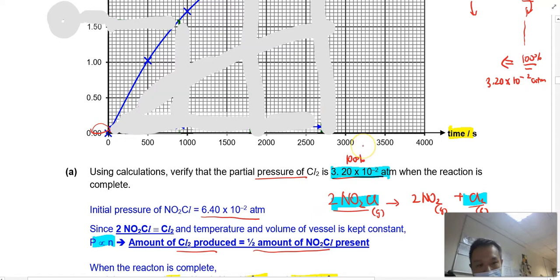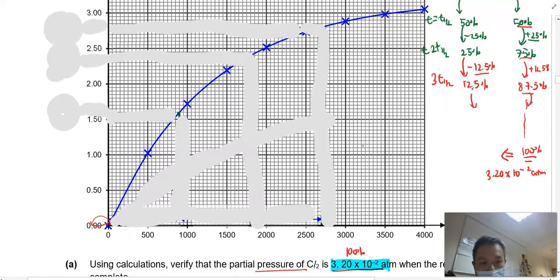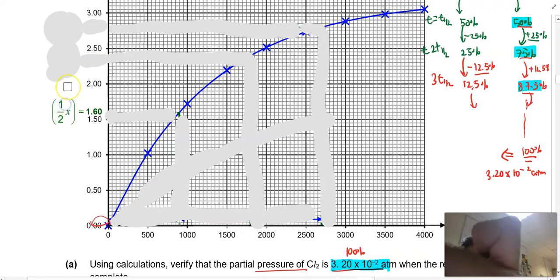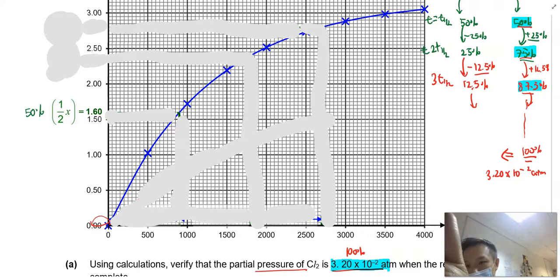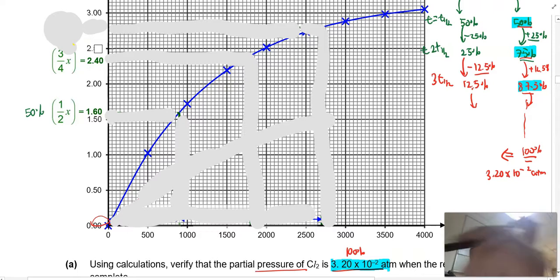So far so good? Therefore, we can calculate what's 50%, what's 75%, and what's 87.5%. 50% will therefore be 1.60 times 10 to the power of minus 2. 75%, second t half, 3/4, will be 2.40.